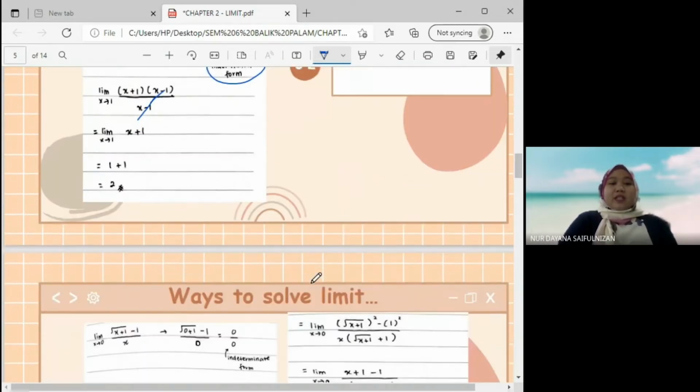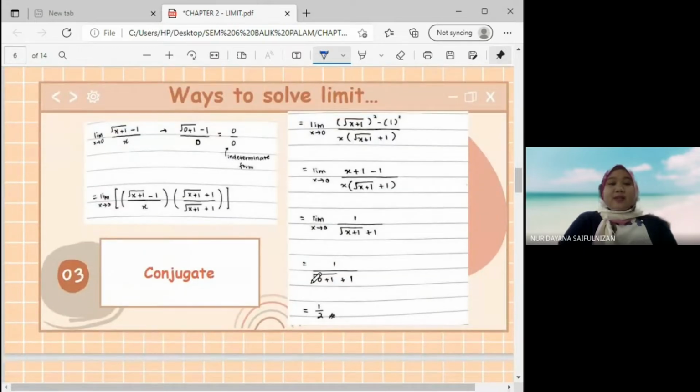Okay, so the third way to solve limit is conjugate. How do we know when to use it? When we want to use the conjugate method, we use it when we find this. What is this? This is surd, or we call it square root.